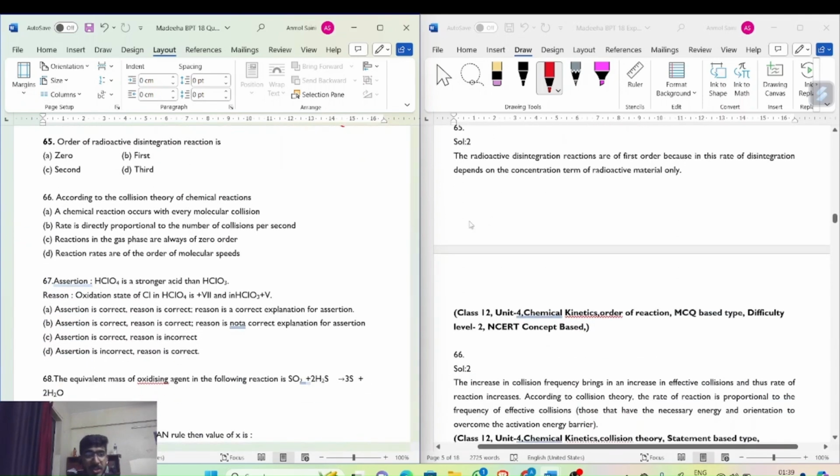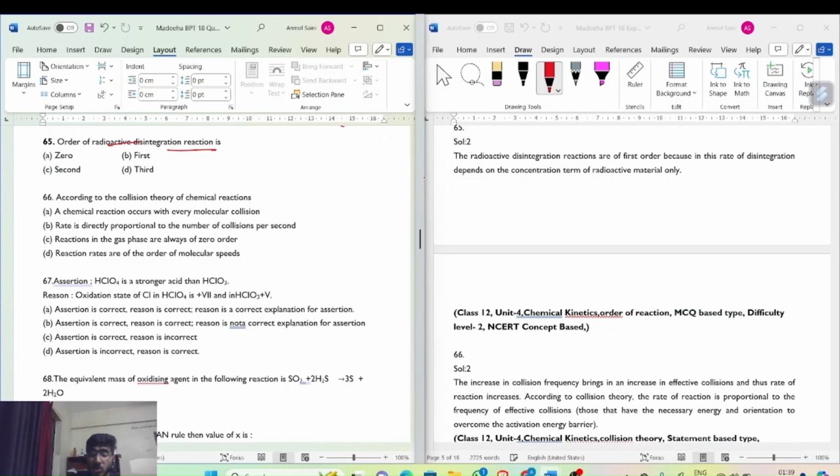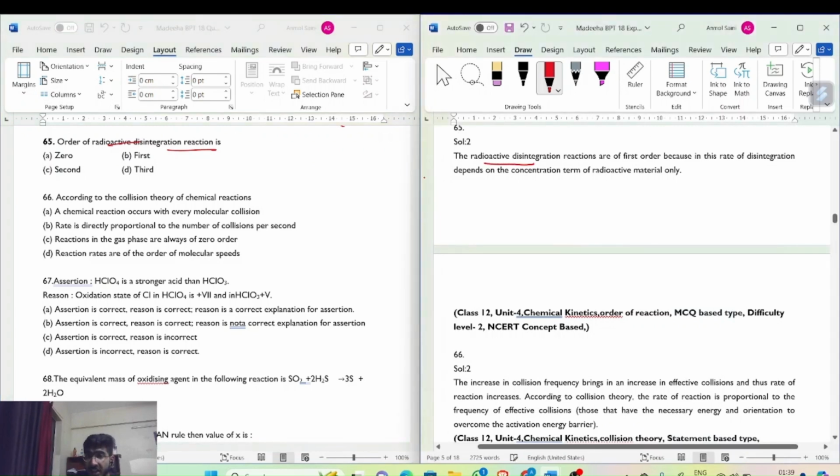Now question number 65. Order of radioactive disintegration reaction is, we know that radioactive disintegration reactions are of first order because the rate of disintegration depends on the concentration term of the radioactive material only.